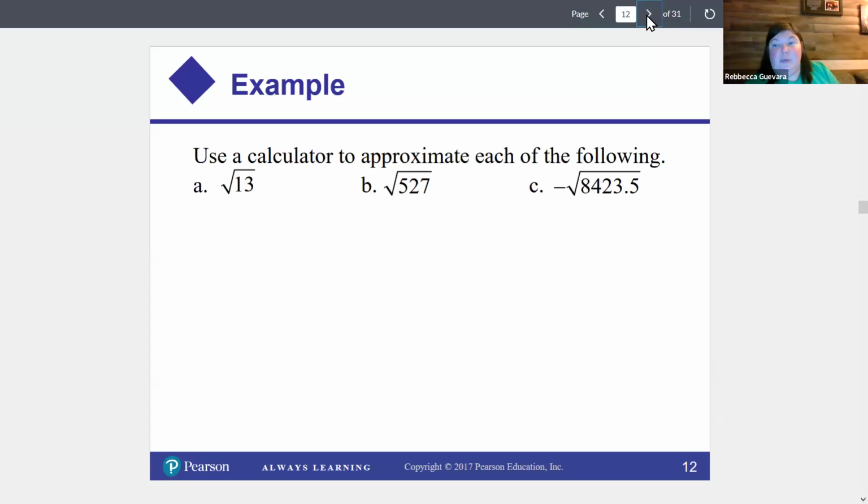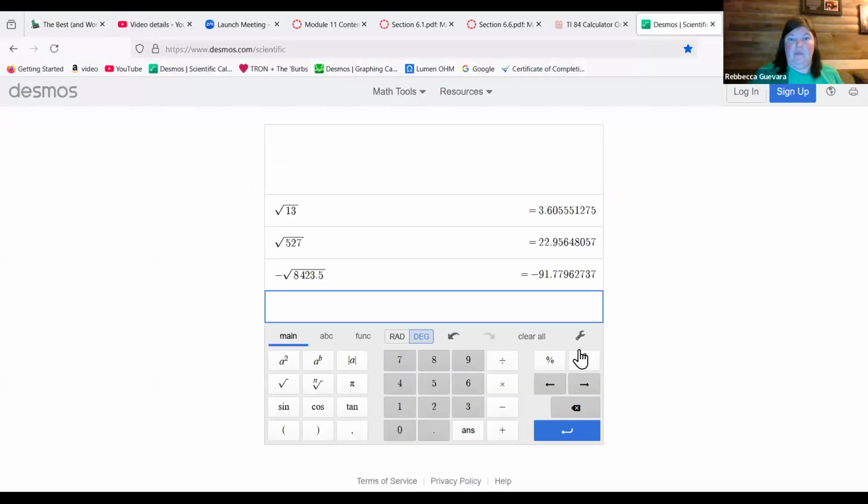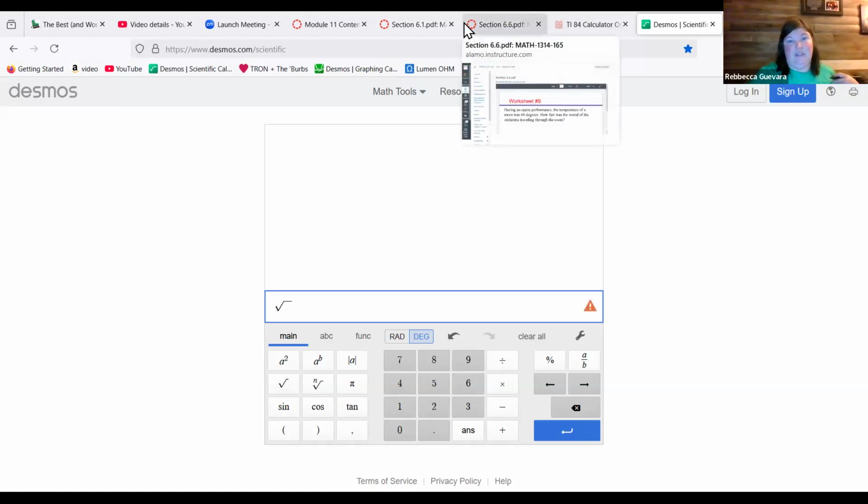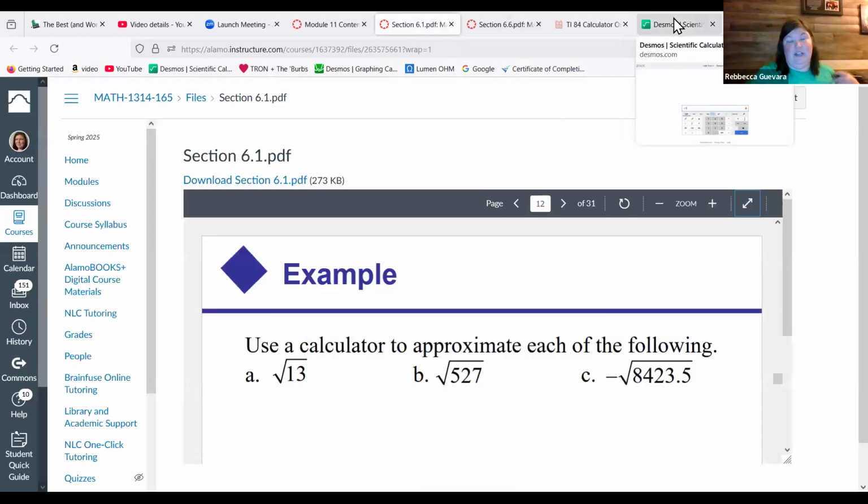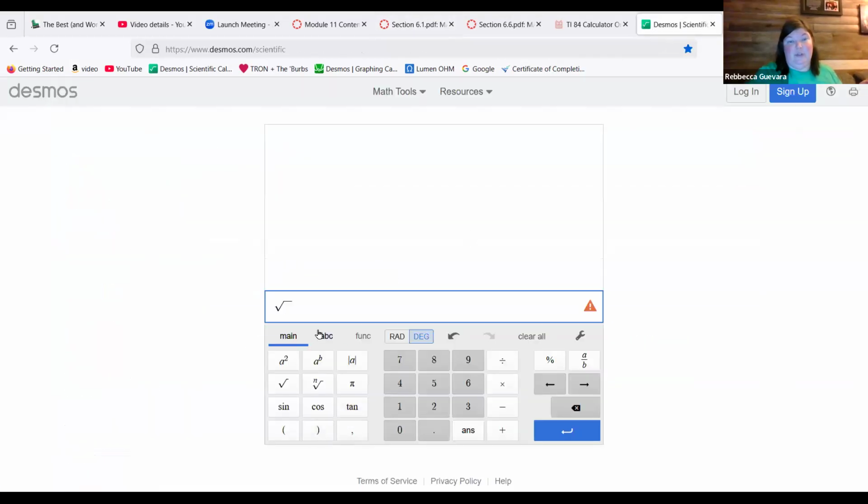So we're going to use a calculator to approximate the following here. Okay. So what we can use is Desmos. So just as a reminder, in Desmos, we have the square root function here. So I need the square root of 13. So we're going to do that square root, put in 13.